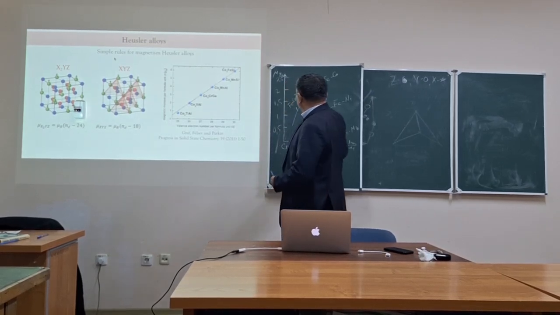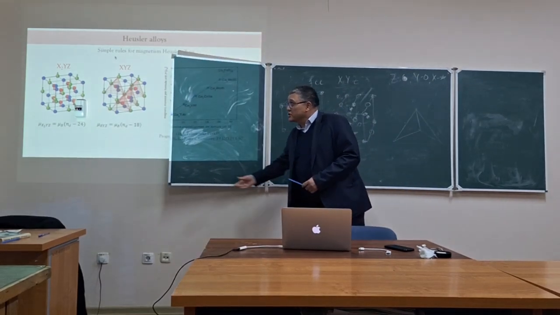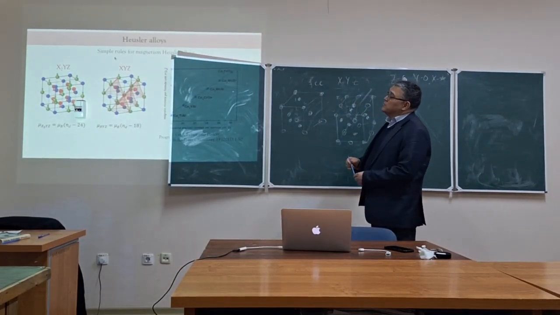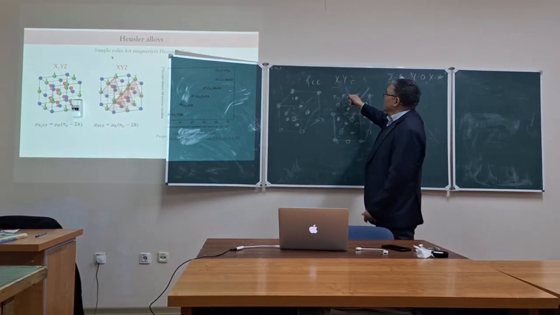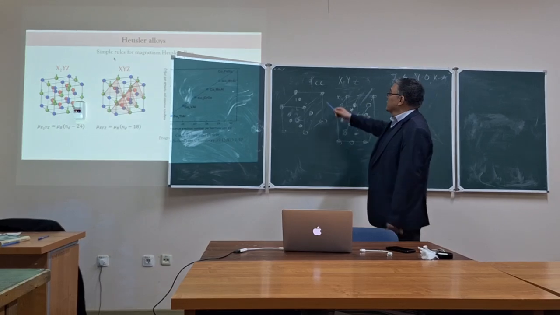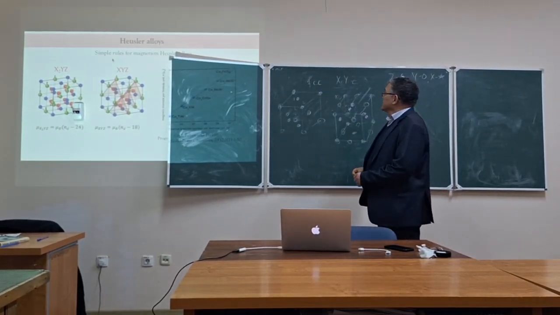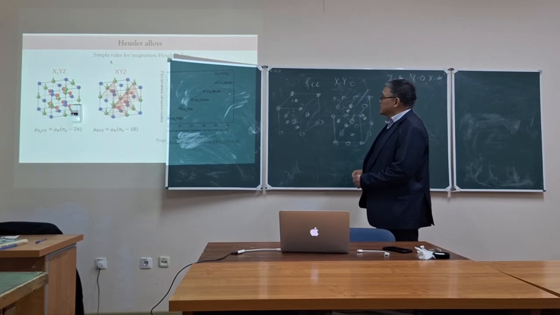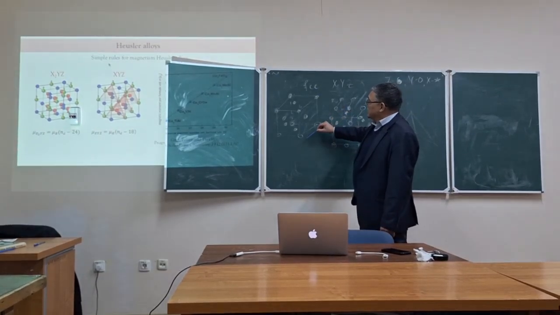Now, let's look at how these structures are formed. In the case of XYZ, we have three structures that are composed of FCC structure.